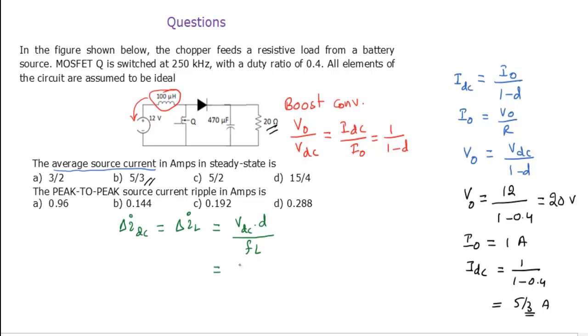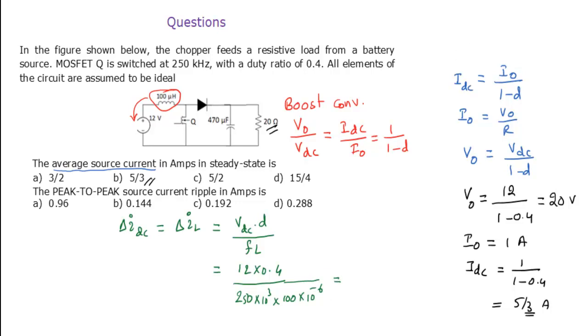VDC is given as 12 and the duty ratio is 0.4, divided by F, which is 250 kHz, and L, which is given as 100 microhenry. That gives 0.192 ampere. So this is the answer.